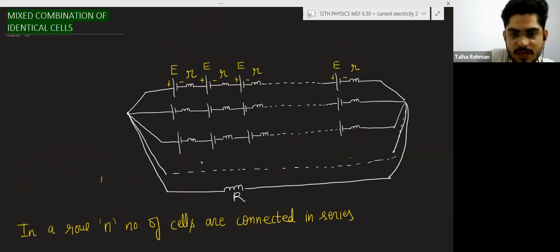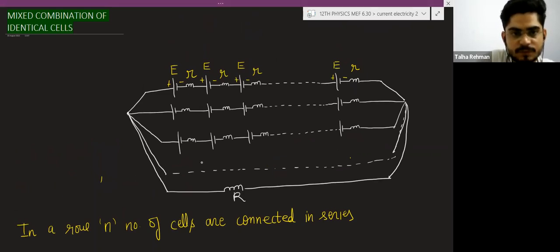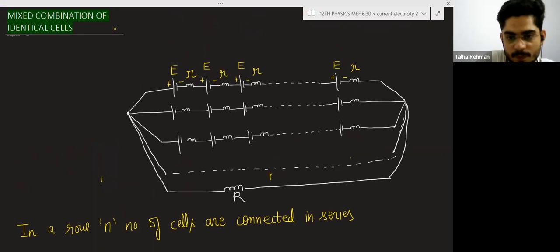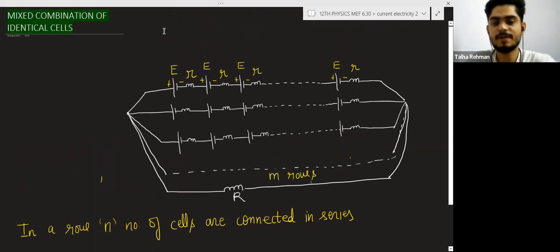Means m rows are there. Small m rows are there.